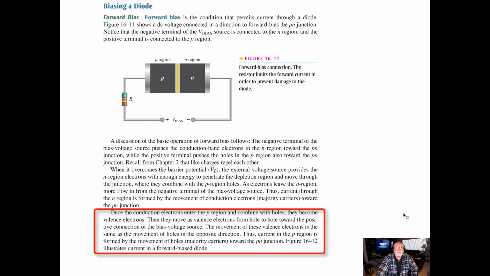Then they move as valence electrons from hole to hole toward the positive connection of the bias voltage source. The movement of these valence electrons is the same as the movement of holes in the opposite direction. Thus, current in the P region is formed by the movement of holes, the majority carriers, toward the p-n junction.